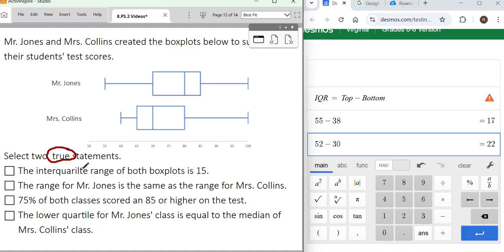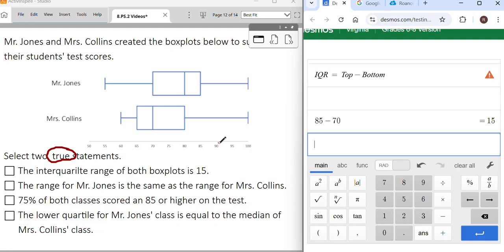So let's see. It says the interquartile range for both is 15. Well, we're going to have to figure that out. Top of the box minus bottom of the box. Top of the box here looks like 85. And bottom of the box there looks like 70. So the interquartile range for Mr. Jones is 15.